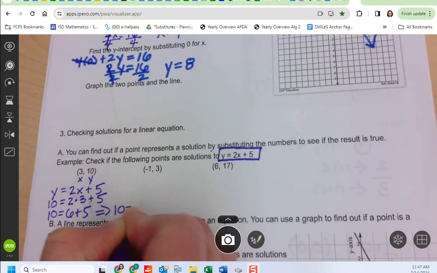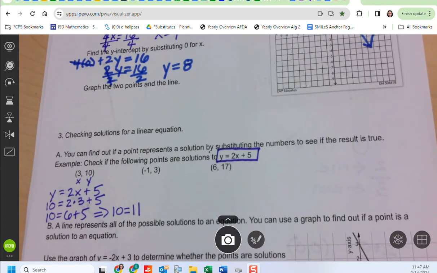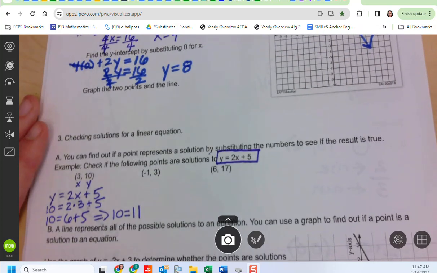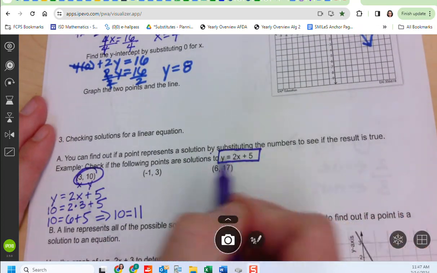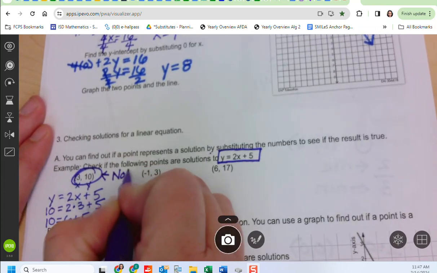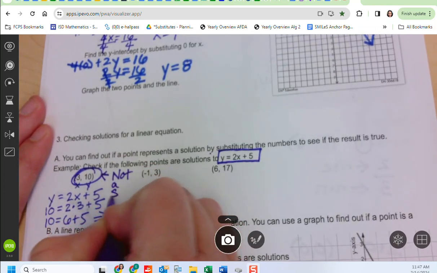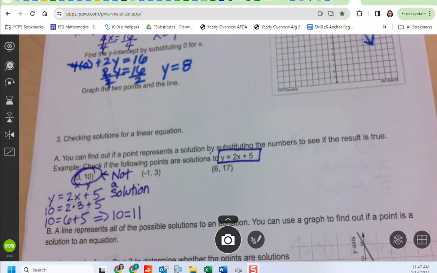Is this true? Does 10 equal 11? No. What kind of math would that be, right? 10 does not equal 11. They're different numbers. So that tells me that this is not a solution to the equation.